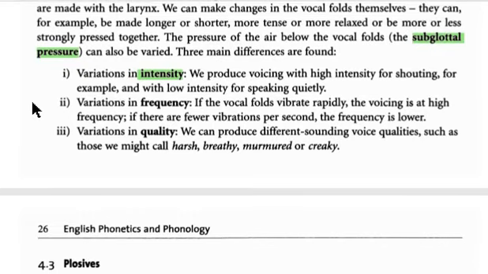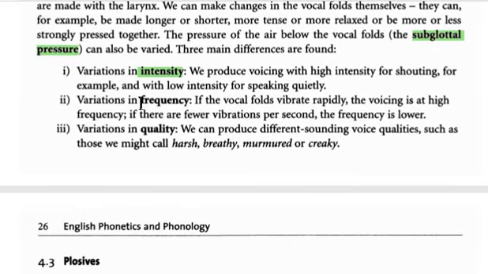The second way we can control it is frequency.